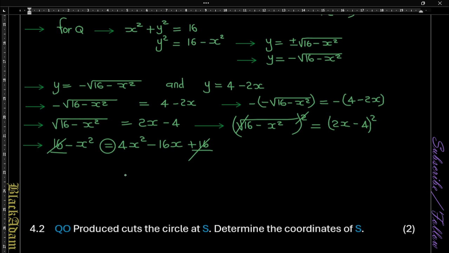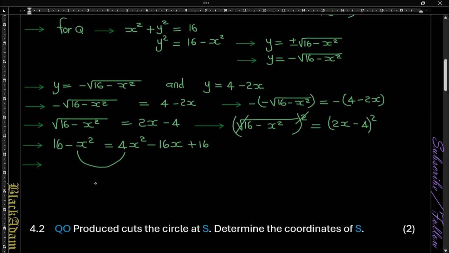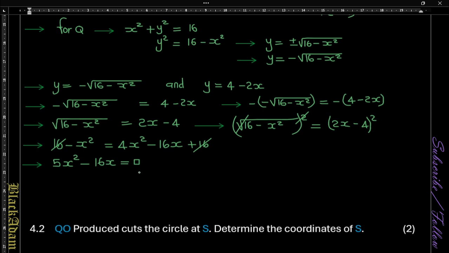The 16 cancels out, and then we take negative x squared to the right, which gives us 5x squared minus 16x is equal to 0.